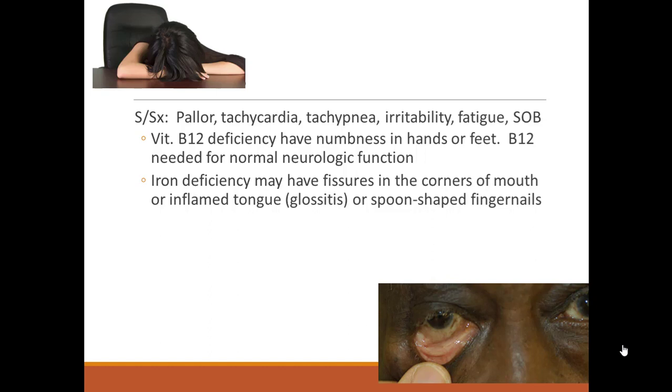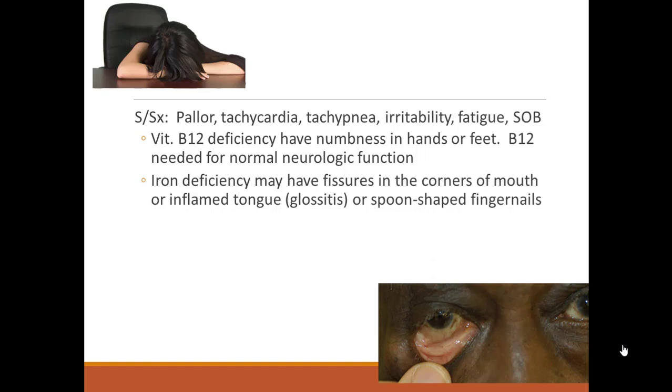Once we get into the different types, I want you guys to know the symptoms of each. For example, vitamin B12 deficiency anemia: these people are going to have numbness in their hands or feet because B12 is needed for neurological function. Pernicious anemia might have a beefy red tongue.